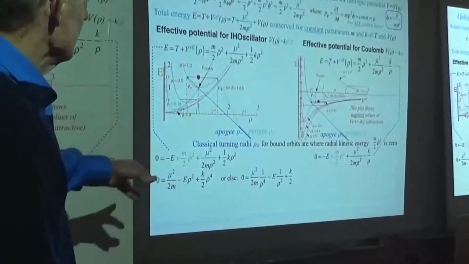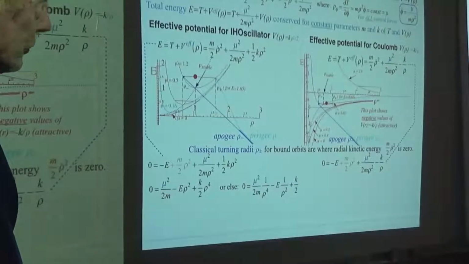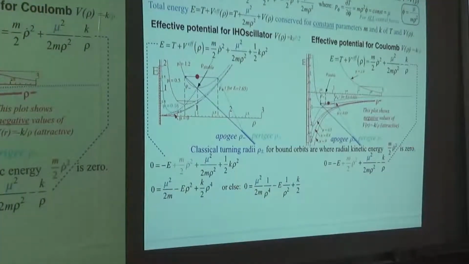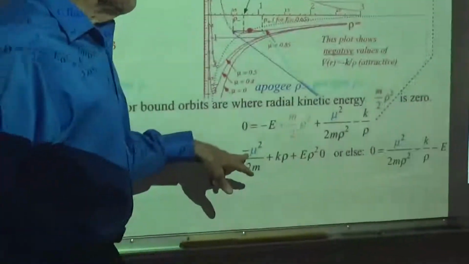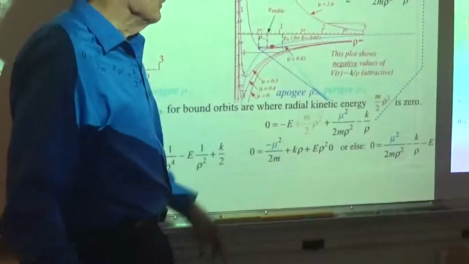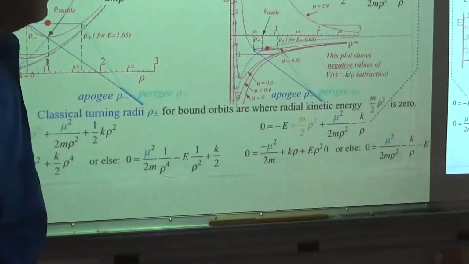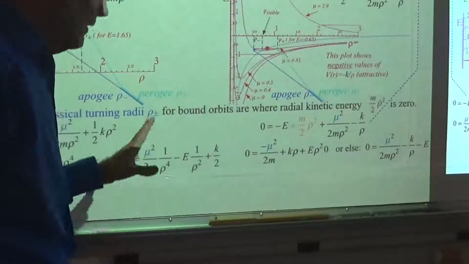So there's the quadratic equation for the isotropic harmonic oscillator, and there is another quadratic equation for the Coulomb oscillator, or the orbiter. They're both orbiters, and they're both oscillating, but this one is doing it a little bit differently than this one. But anyway, at this point, the equations are more or less equivalent.